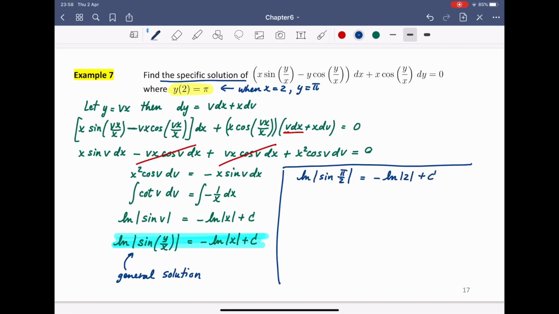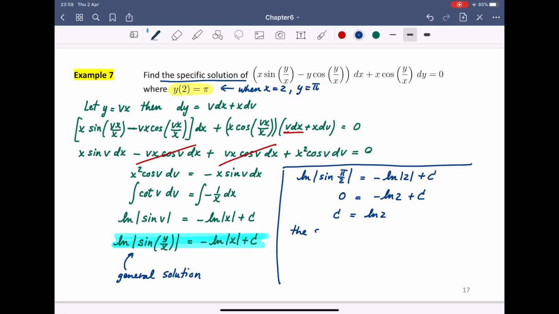So sine pi over 2 is 1, so logarithm of 1 is 0. So on the left you have 0. On the right hand side you have negative log 2 plus c. So at the end you have c equal to log 2.